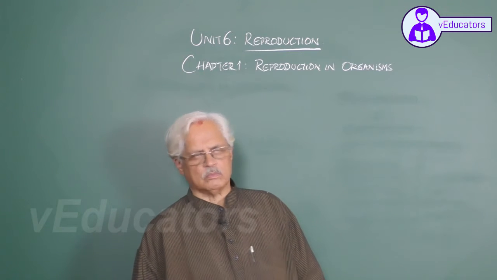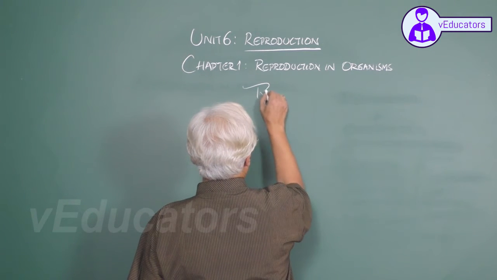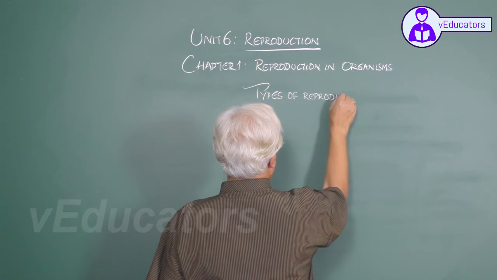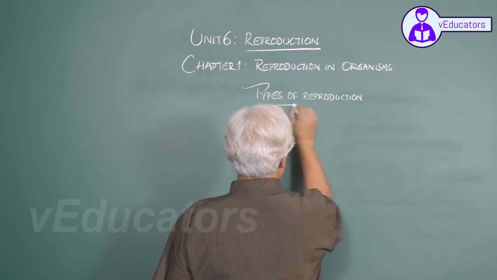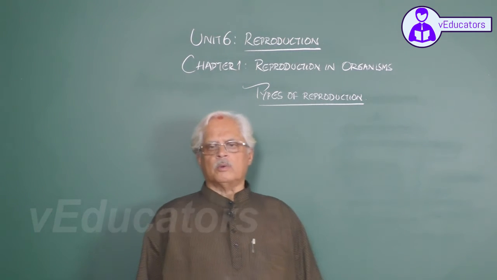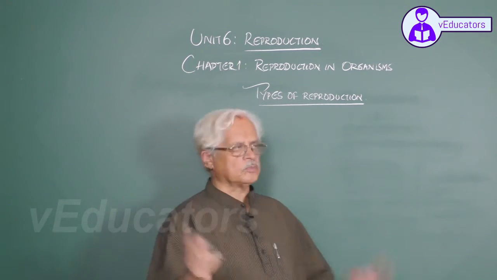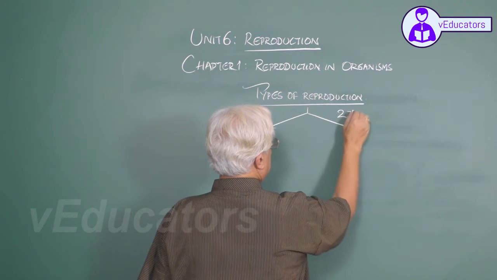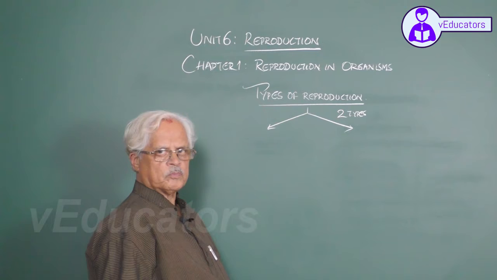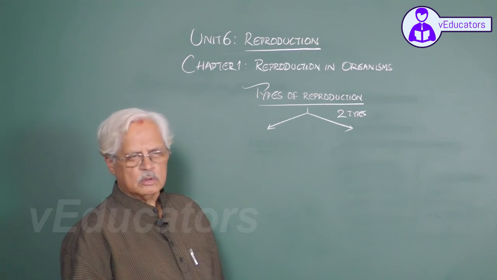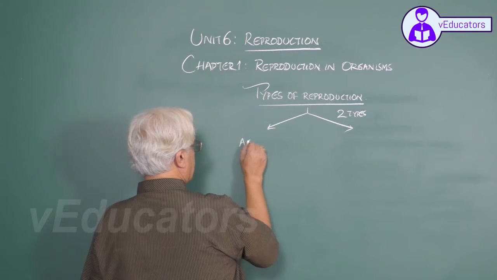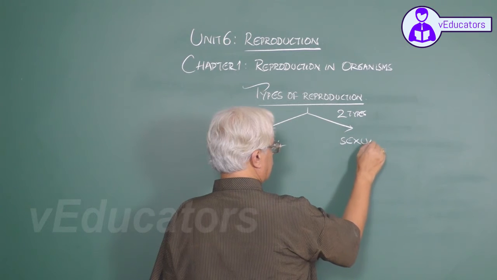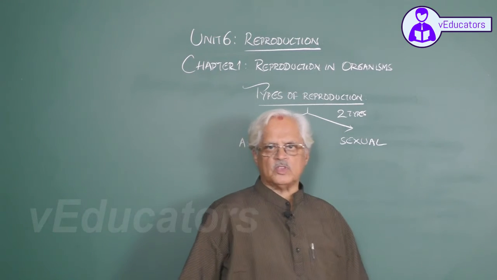Types of reproduction. Broadly, reproduction can be distinguished into two types: asexual reproduction and sexual reproduction.